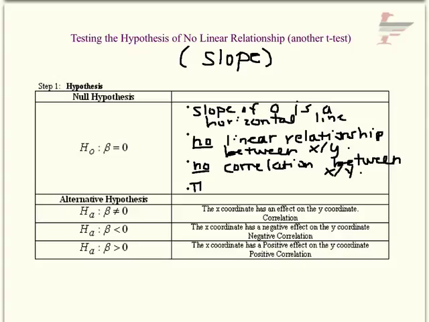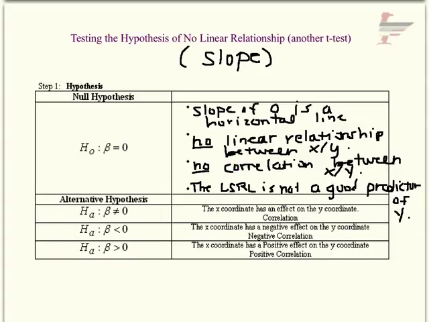You also could say the least squares regression line is not a good predictor of y based on x. So any of those are appropriate, maybe with the exception of the first bullet. Really, all saying the same thing in a nutshell.